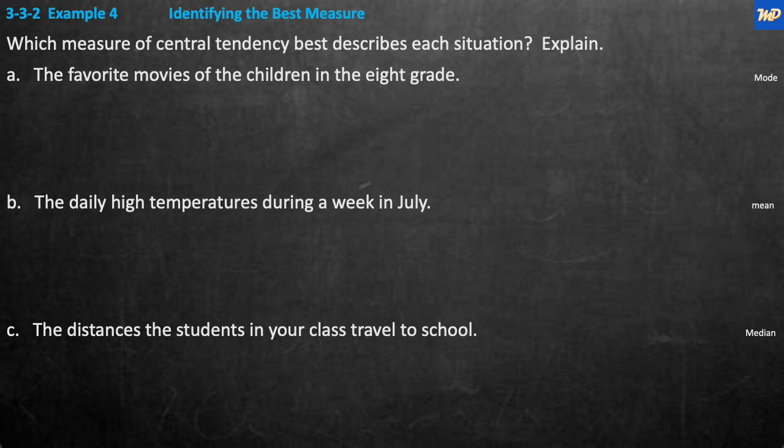So I would say that the mode best describes it, because if I have 4 kids who liked movie A better, and B was liked by 2 kids, and C was liked by 5 kids, whatever, right?